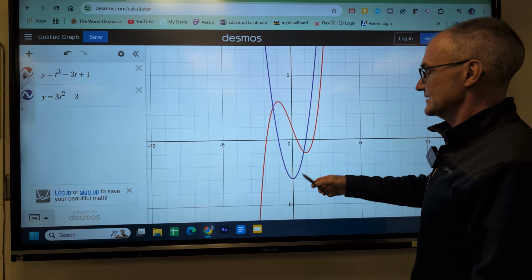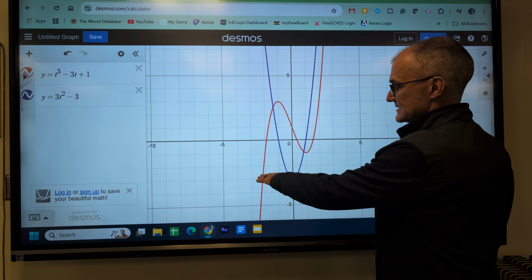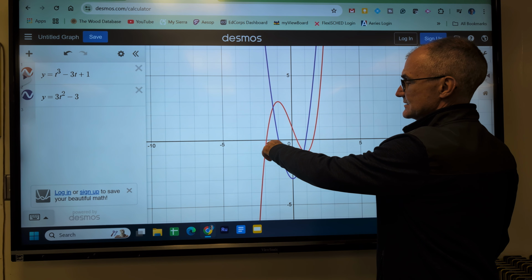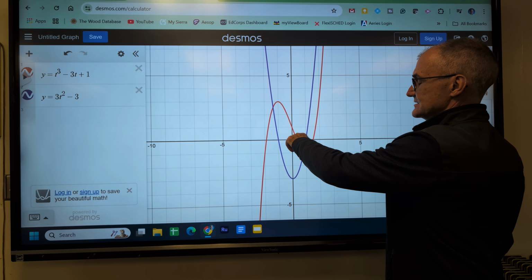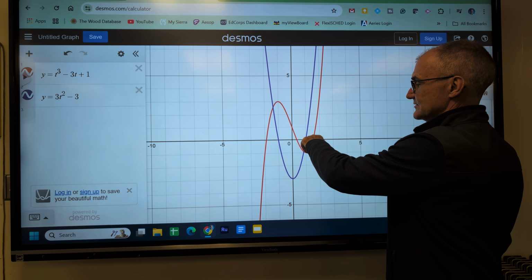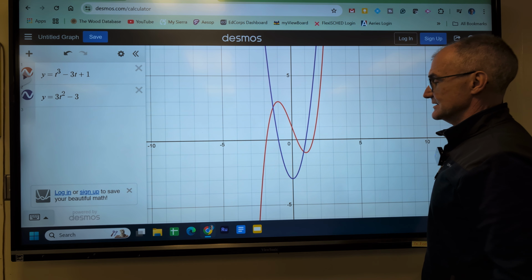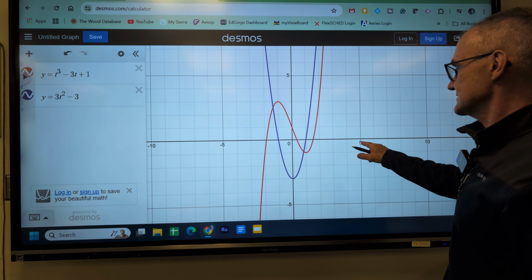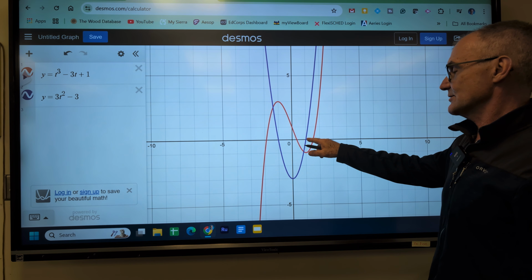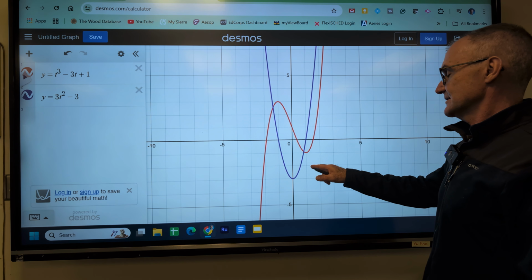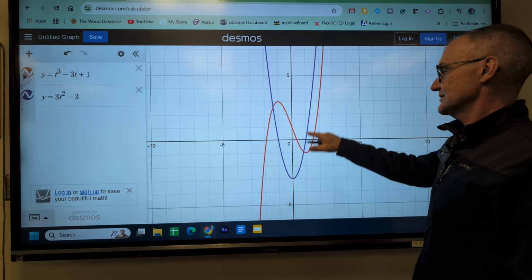So red is displacement. Purple is the first derivative of red, meaning the velocity. Anything below here is negative displacement, then positive, negative, positive. At 1, it changes from negative to positive.